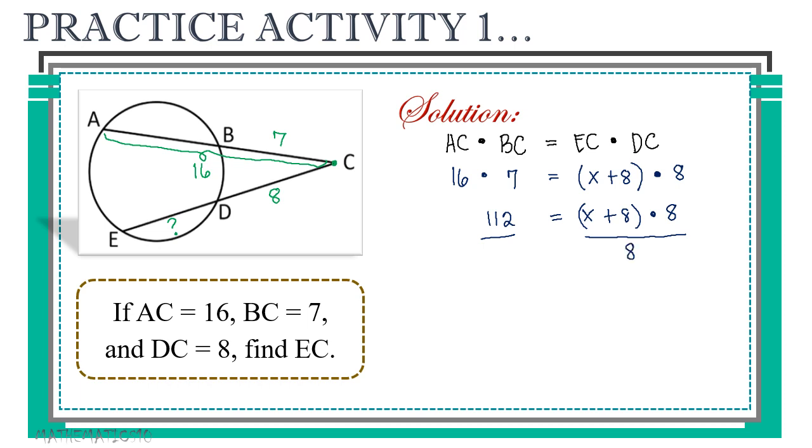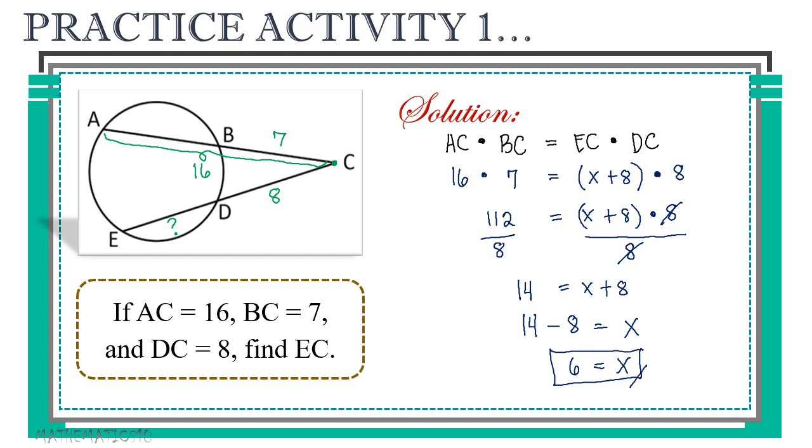So you isolate x plus 8 by dividing both sides by this factor 8. The remaining terms would be x plus 8, and 112 divided by 8 is 14. Now, combining like terms, we have 14 minus 8 equals x, and thus 6 equals x.